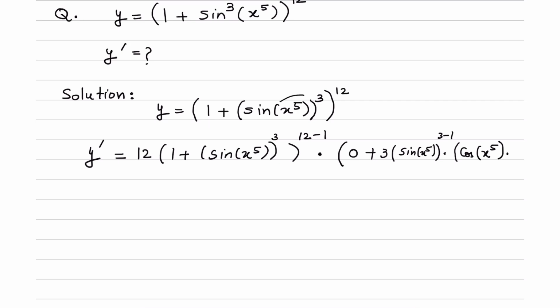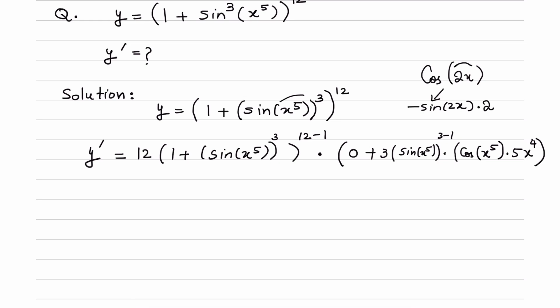Since the angle is x to power 5, its derivative is 5x to power 4. Just know that if you have, let's say, the function cos 2x, and you have to find its derivative, first the derivative of cos is minus sine of the same angle, and then the angle's derivative, since the angle is 2x, is 2.